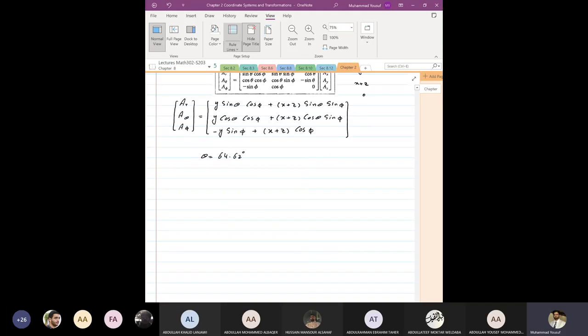And what do we need here? Sine of theta and cosine of theta. Can someone do this for me? Sine theta is 0.9034.